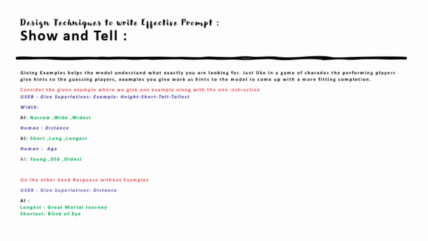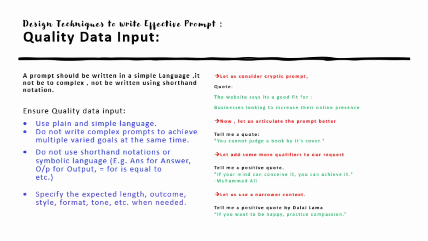First we have to show the AI what you are expecting, and then ask the question for which you want the value. Next, remember the quality of data: your prompt should be clear so that the AI will understand. If you write in a big language or with mistakes, it will not understand and will not provide correct results. So ensure quality of data with simple and plain language, and do not write complex prompts to achieve two goals at a time.